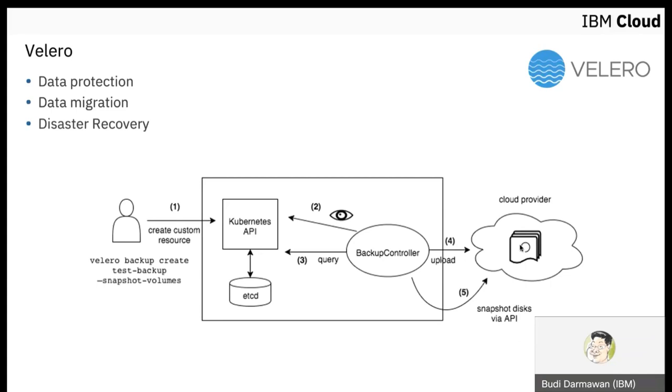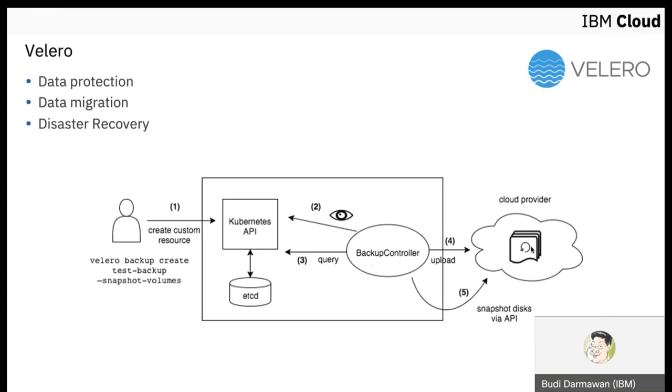I have worked with NooBaa as a backup storage for Velero. It also allows you to do snapshots. The disk is collected by Velero, and the image of the disk as is will be stored as a snapshot outside of the cluster. That's why you can use it for protection, migrating data, or even disaster recovery if you can ship the object out to a disaster recovery site.